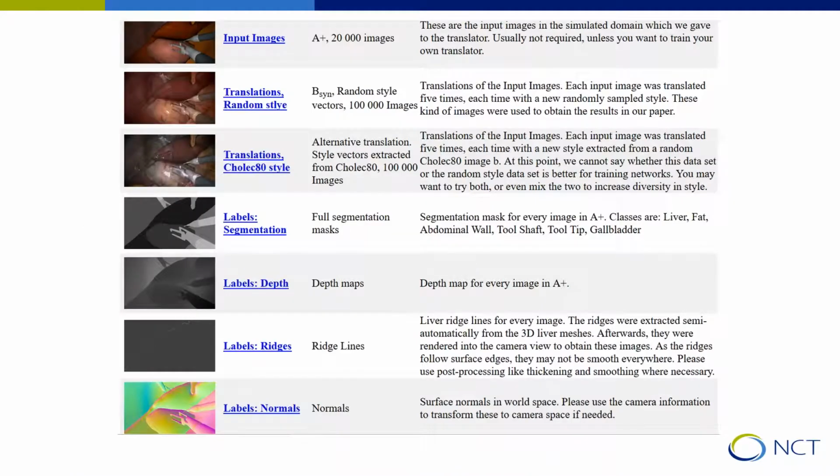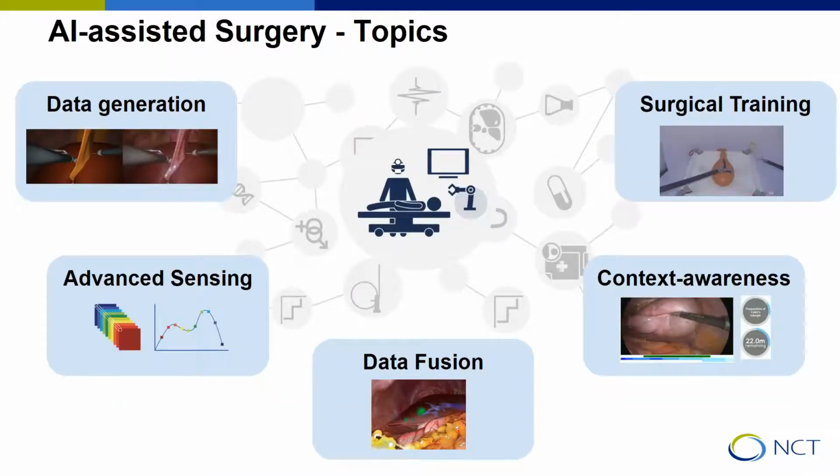So if you're working in this field, this might be an interesting data set. We have over 20,000 input images, and you can translate them into different styles. And we also have labels for segmentation or depth if you're working in 3D reconstruction and so on. So the next topic I want to show you is in the context of advanced sensing.